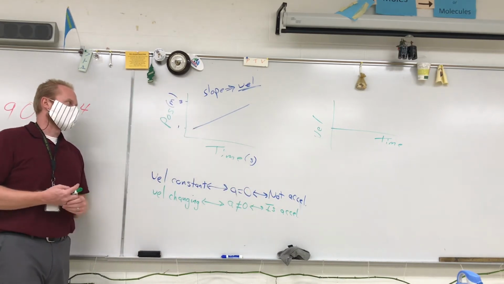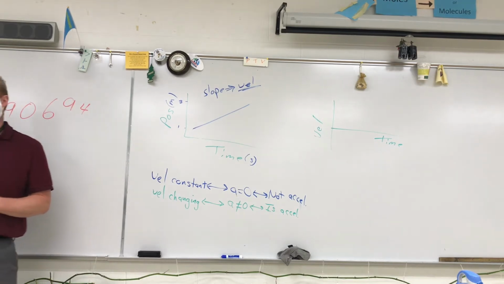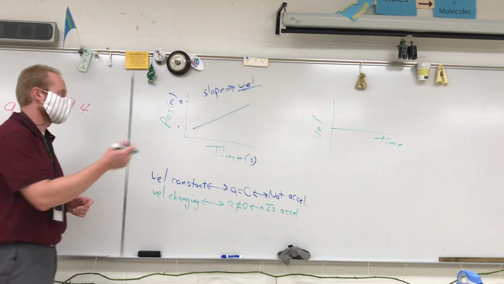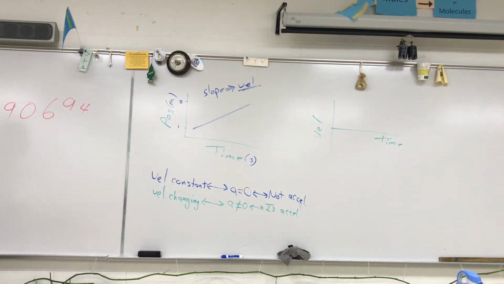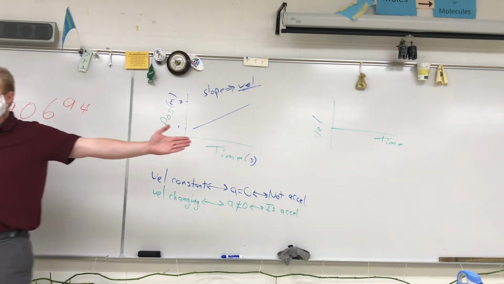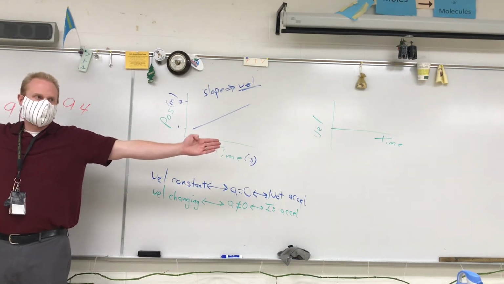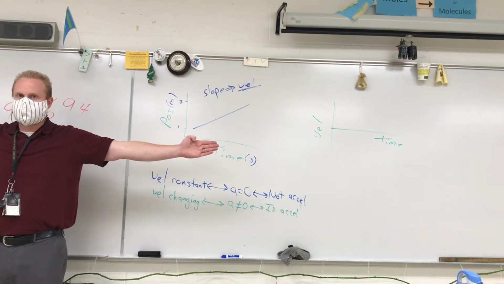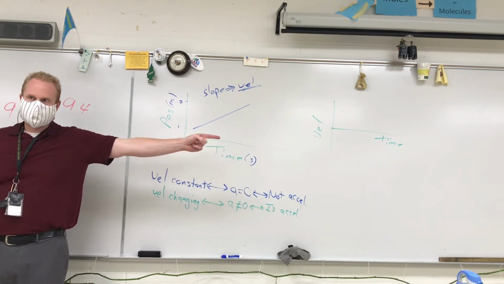Is this a positive or negative slope? Positive, good. Positive slope, which means it has a positive velocity. If we're talking about the x coordinate system, point to which way an object is moving if it has a positive velocity in the x direction. That way. Okay.